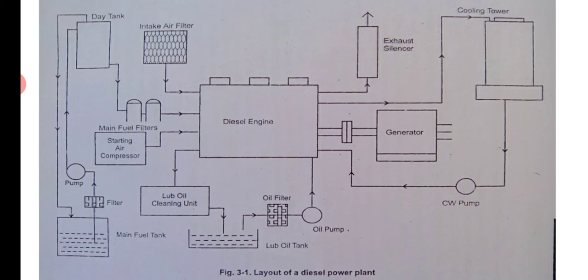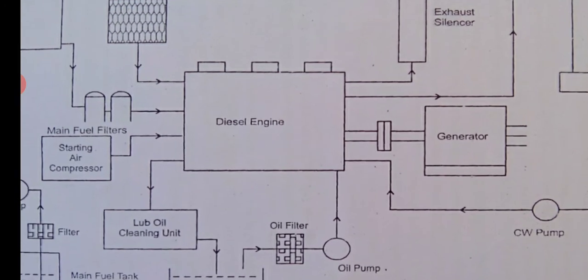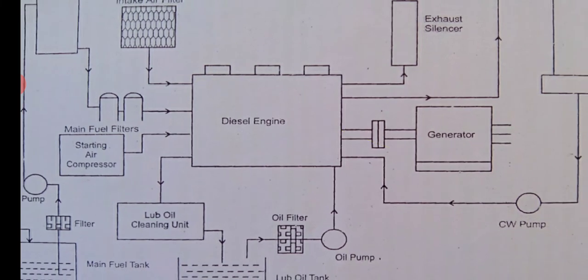So for them, most of the time I have seen they have a small compressor, and the compressor will always have an air receiver, and that air receiver will always be filled with air at around 25 bar pressure. To crank the engine, they supply the compressed air from the air receiver to the diesel engine, and this compressed air will go on top of the piston and push the piston down.